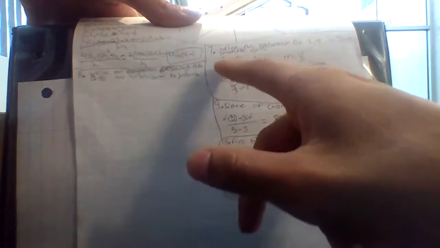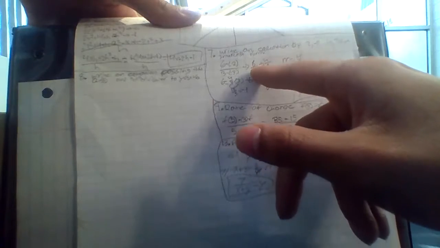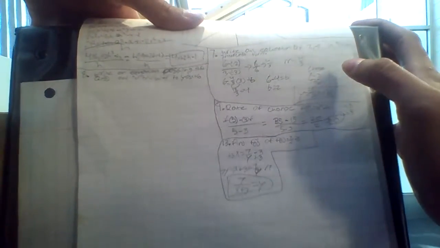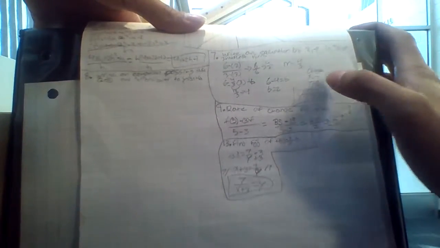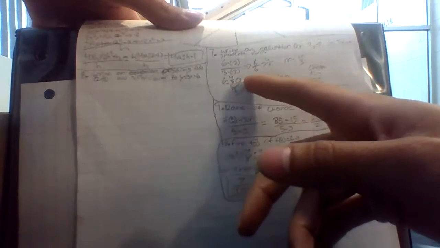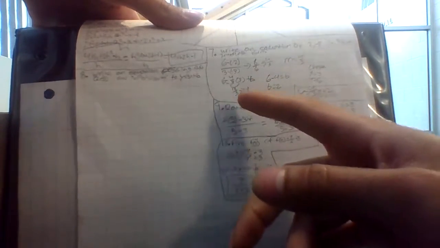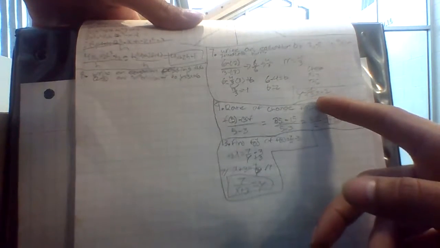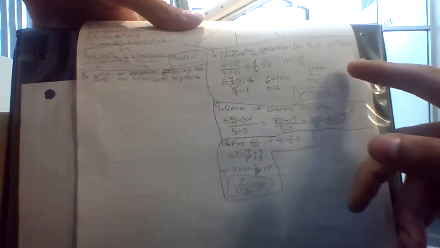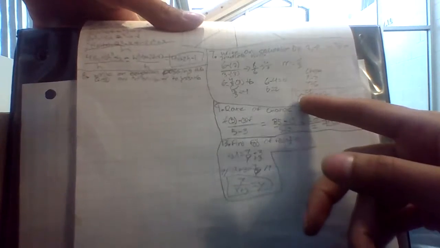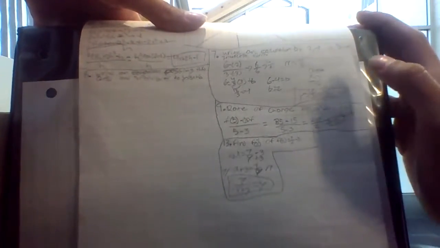And then once you plug in your points, you'll get 8 over 6, and that is also equal to 4 over 3, and that is your slope for your new line. Okay, and then once you have your slope, you can plug in your values to find your new y value. And then once you find your b value, which is 2, you can set up your new equation, which is y is equal to 4 over 3x plus 2.